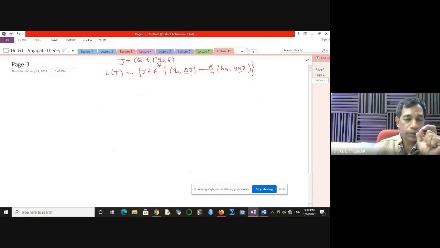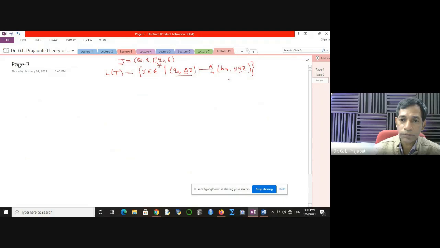So for all such strings for which your machine starts from the initial configuration and goes to the final configuration, all such strings are in the language of the Turing machine. So L(T), the language accepted by the Turing machine, is precisely the set of strings for which your Turing machine starts from the initial configuration and goes to the final configuration. This is the final configuration.